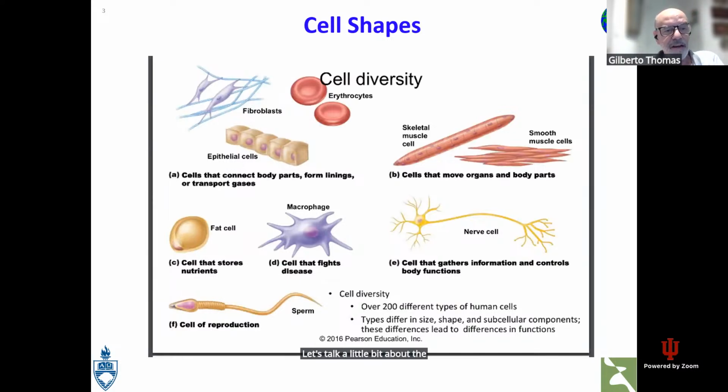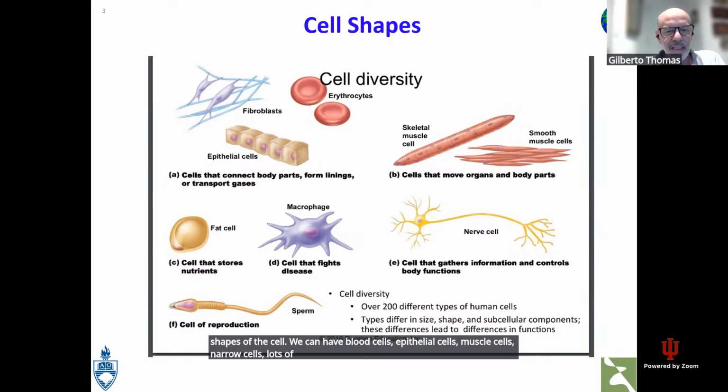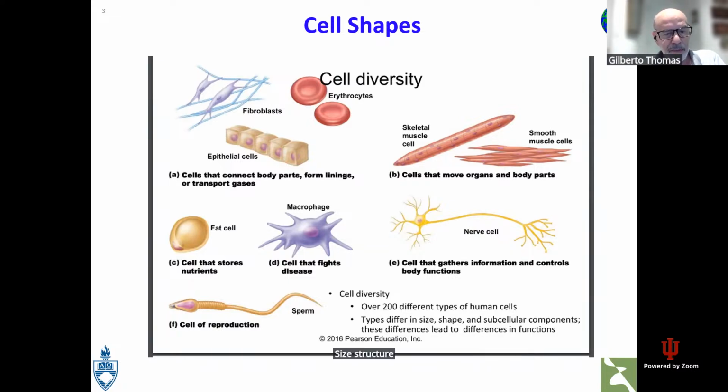There are hundreds of shapes of cells. We can have blood cells, epithelial cells, muscle cells, neural cells, lots of shapes. Each cell has its own characteristics: size, structure, and function in the organism.